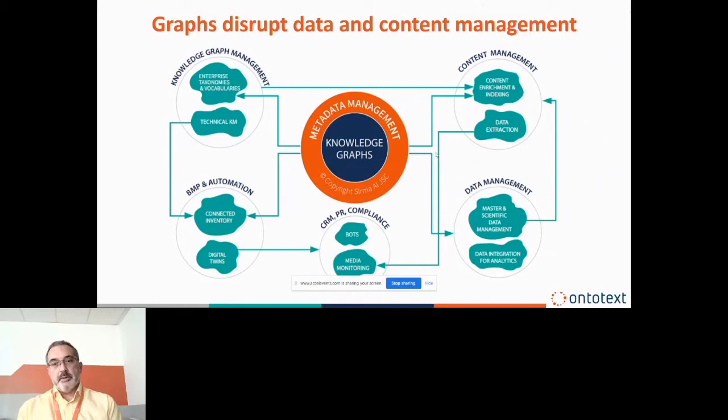So, probably the most popular application of graph databases is we put some data together and we do some analytics, and we search paths in the graph, and we do other things.